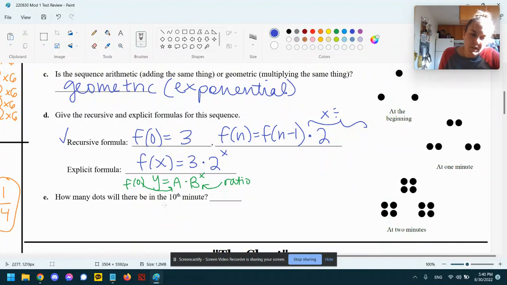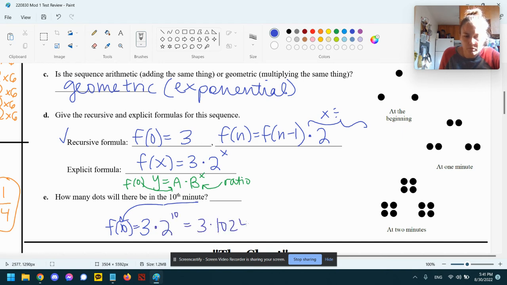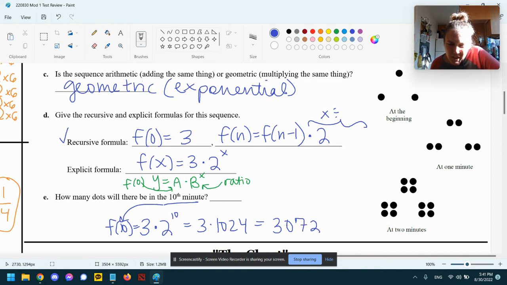If we want to know how many dots there will be in the 10th minute, we just plug in 10 to our explicit equation. Doing the exponents first, and then the multiplication. I'm pretty sure that's right. 24 times 3 is 72. That's true. Good.